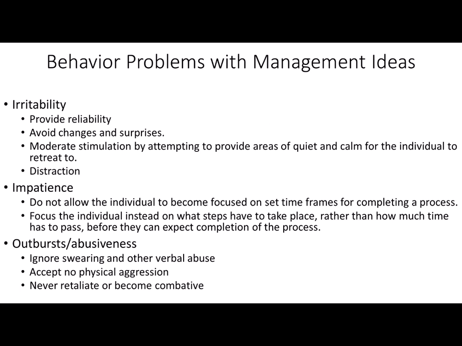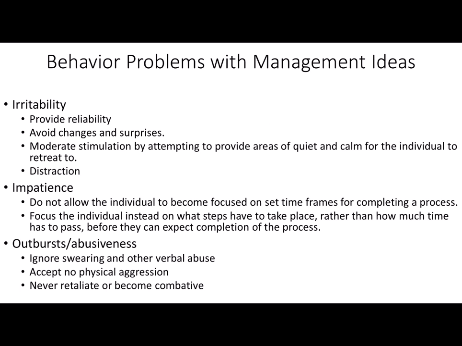One problem is irritability. Okay, if the person's really irritable, you want to decrease the amount of stimulation that you're providing. You want to work with them in a nice, quiet, calm area. You can provide reliability, no changes or surprises. If you're working with somebody who's highly irritable, you want to keep it really simple, straightforward, so that the person knows exactly what's coming.